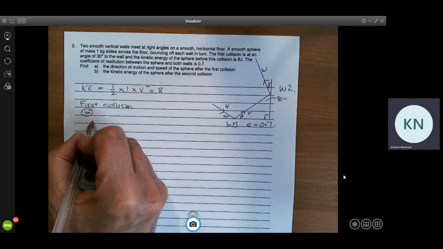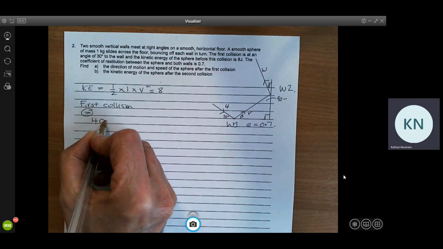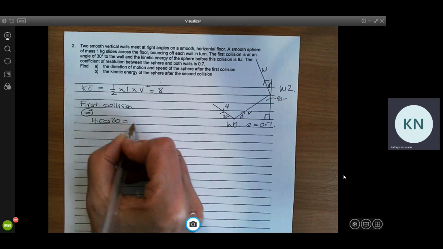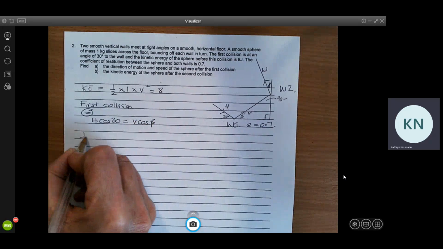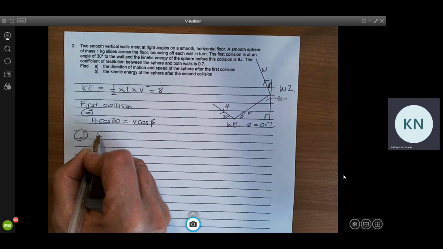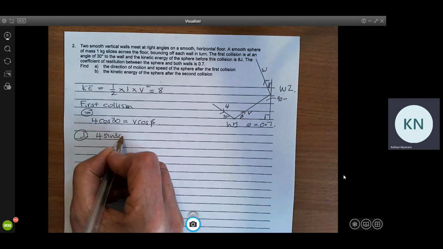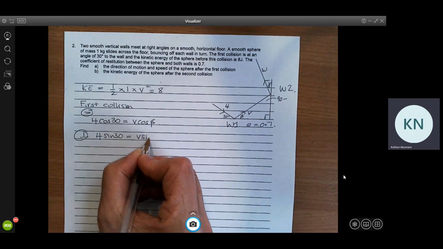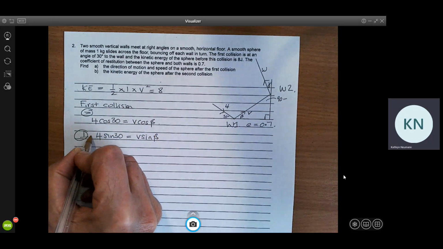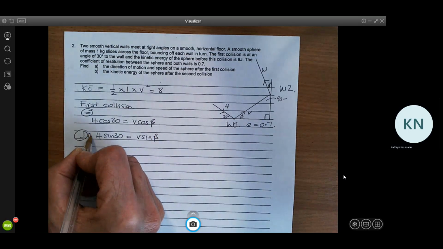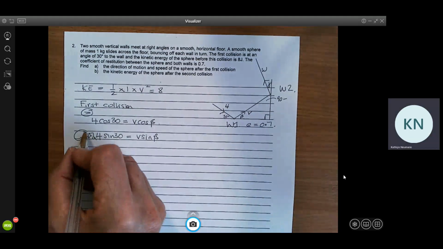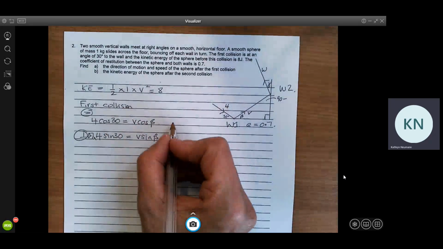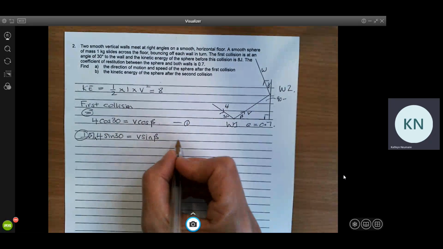So parallel to the first wall, I've got 4 cos 30 is equal to v cos beta, and perpendicular to the first wall, I've got 4 sine of 30 is v sine of beta, but of course we've got to multiply by e there, which is going to be 0.7. Got that? So that's 0.7 there. So we can solve these two equations here together. So this is equation 1 and this is equation 2.